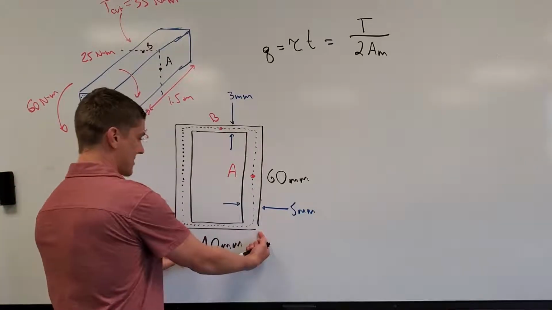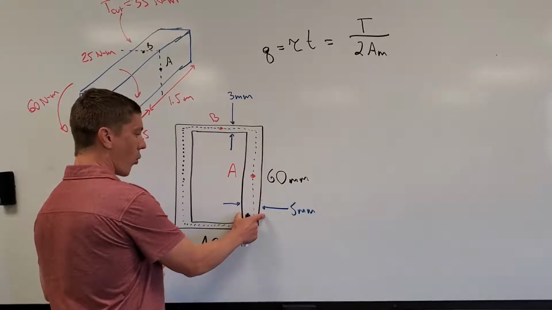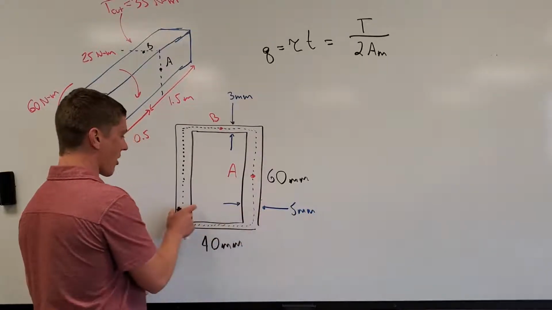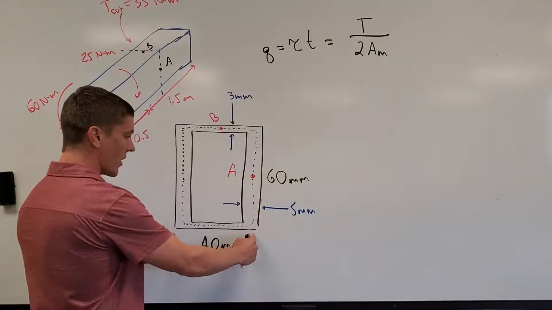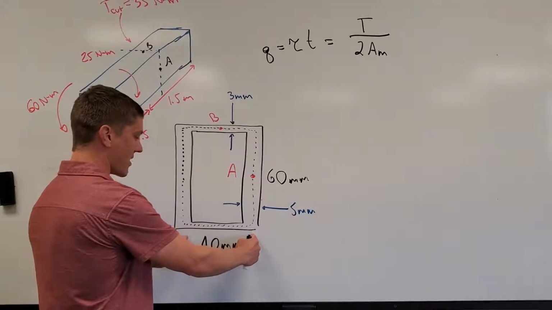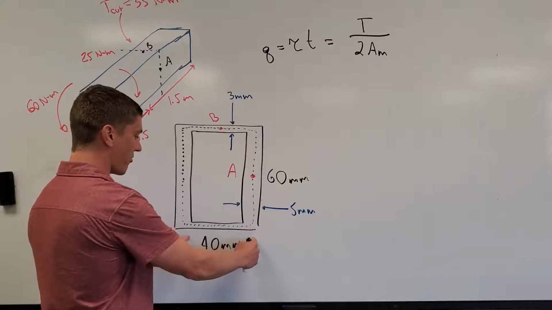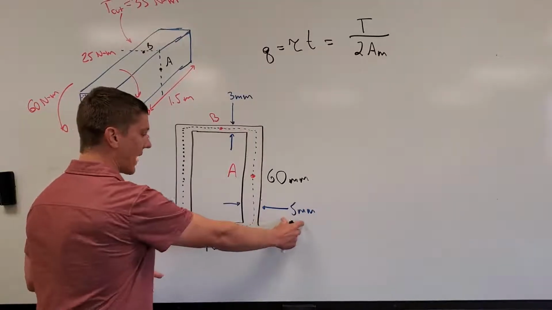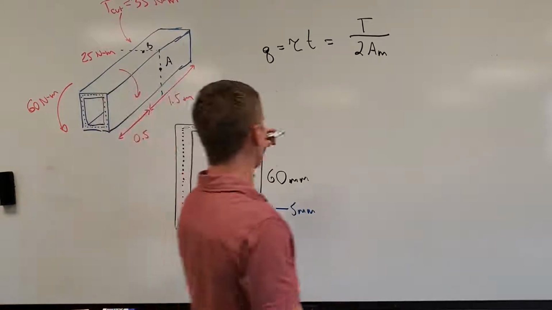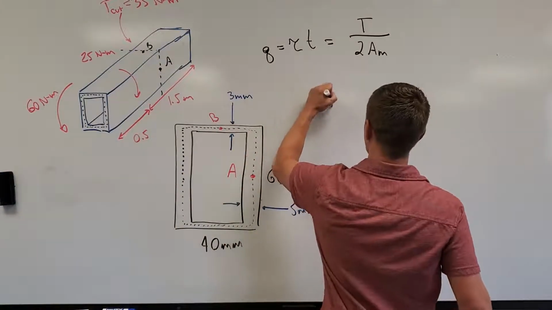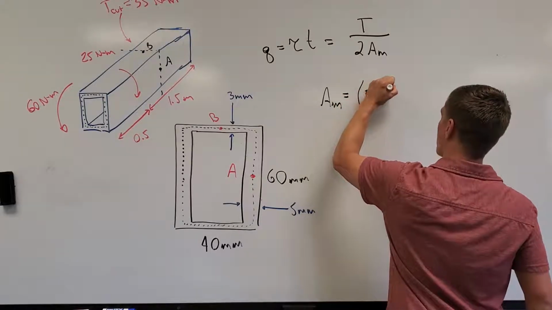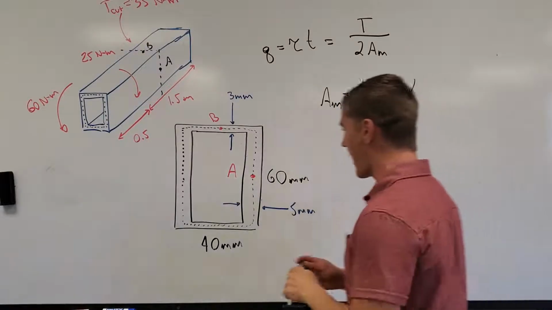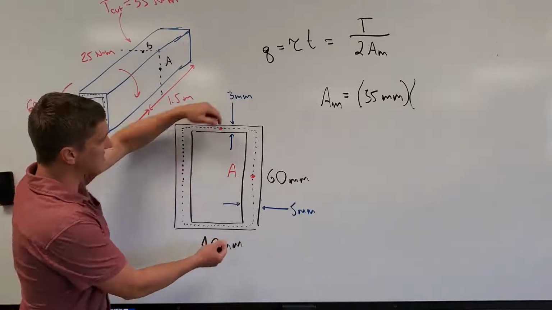My overall outside dimension is 40. I have a wall thickness of 5 here and a wall thickness of 5 here. So I'm moving in 2.5 here, and I'm moving in 2.5 here. So I move a total in of 5. So I end up moving 40 minus my wall thickness. So I can say that my mean area is going to have a width of 35 millimeters. My mean area height, I can determine the exact same way.